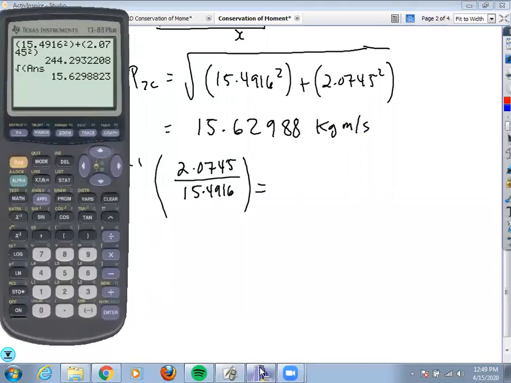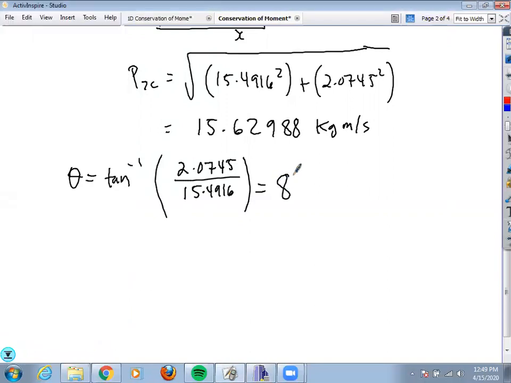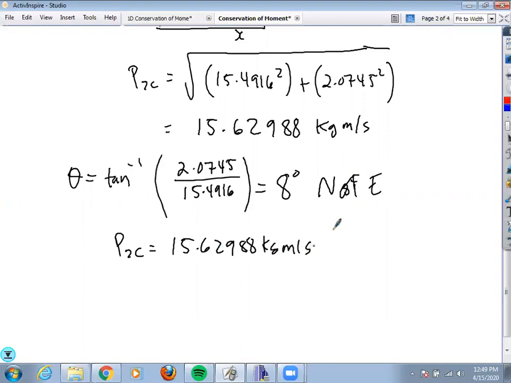And our inverse tan, 2.0745 divided by 15.4916 gives us 7.6. We'll take 8 degrees. And this is 8 degrees north of east. So P2C is 15.62988 kilogram meters per second, east, 8 degrees north.